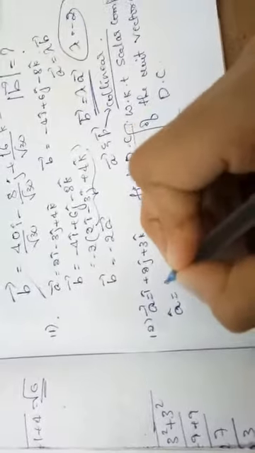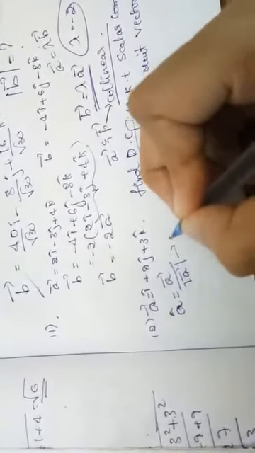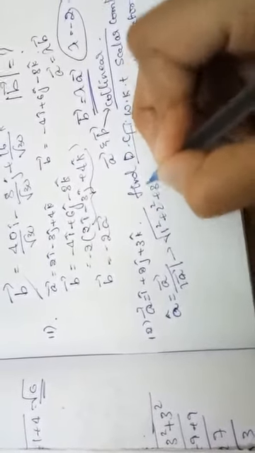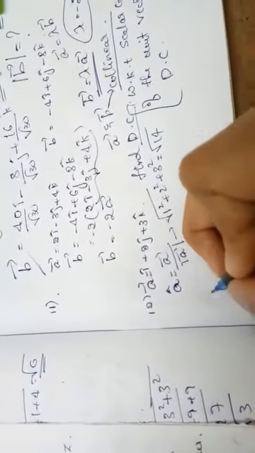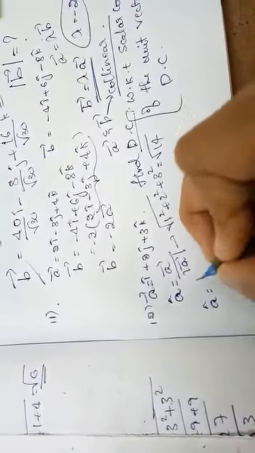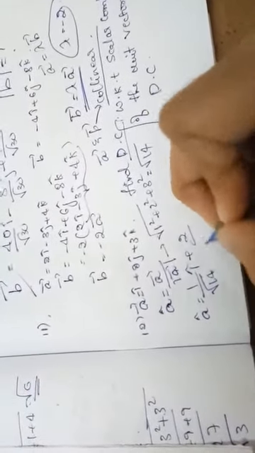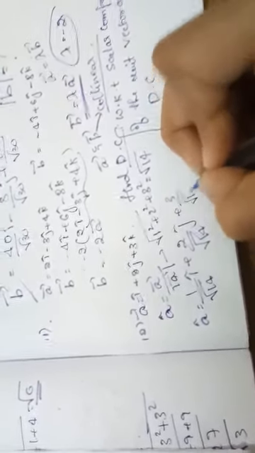So what is the unit vector? Vector a divided by magnitude of vector a. Magnitude of vector a is nothing but square root of 1 square plus 2 square plus 3 square, which is square root of 14. So the unit vector is 1 by root 14 i cap plus 2 by root 14 j cap plus 3 by root 14 k cap.